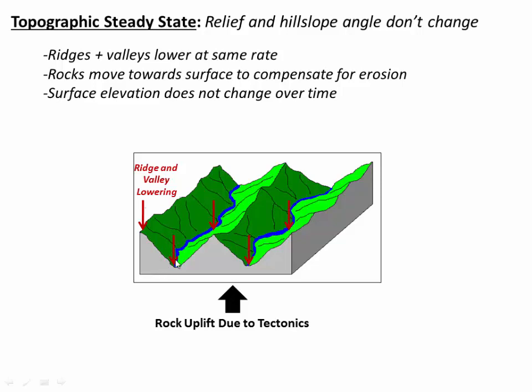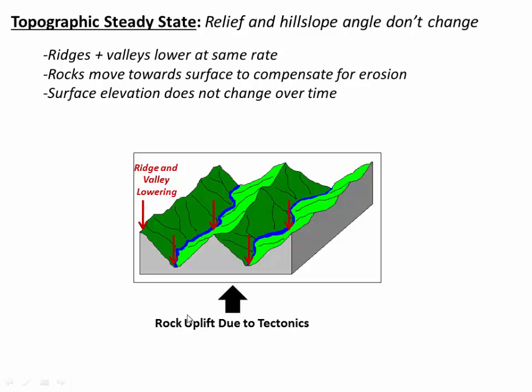So we've essentially got the rivers going down and the ridge lines going down at the same rate, and that is exactly compensated by rock uplift due to tectonics. And therefore, the surface elevation doesn't change over time, and likewise, the actual morphology of the landscape doesn't change very much over time.